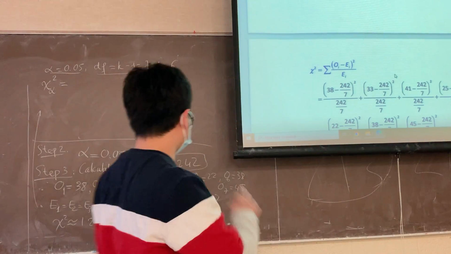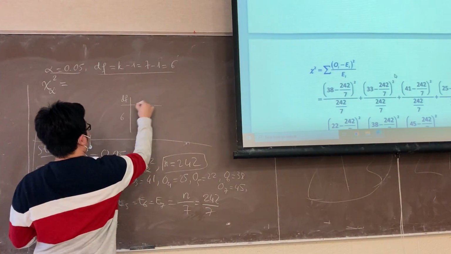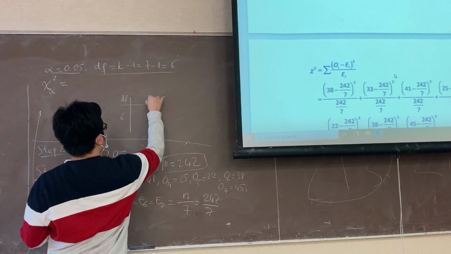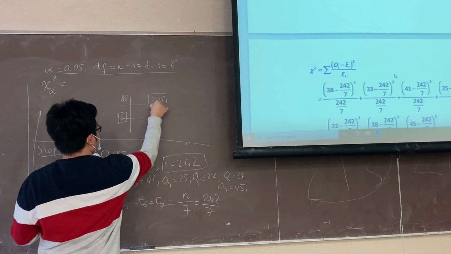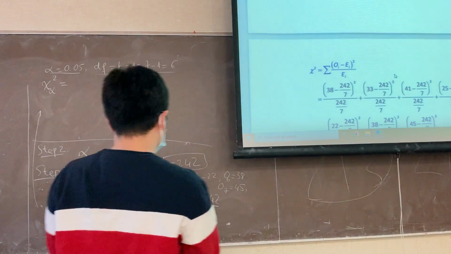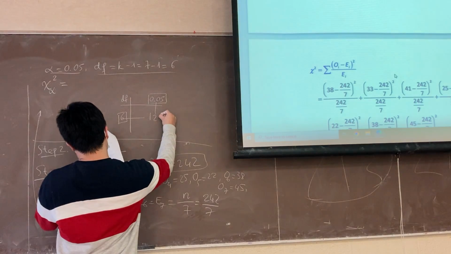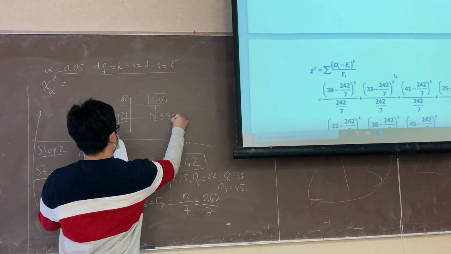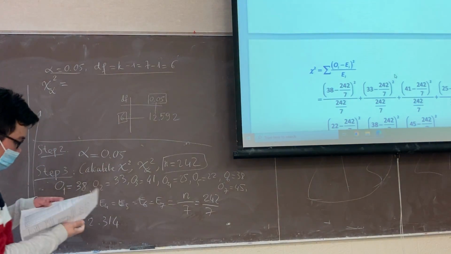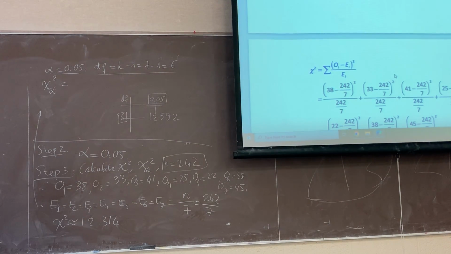So you use the table to find df is 6 and alpha is 0.05, and make the intersection between them. You get the result here, 12.592.